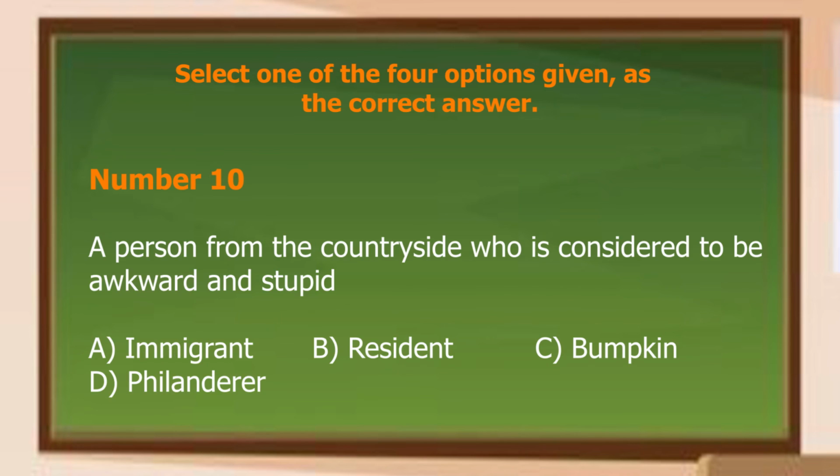And finally, number 10. A person from the countryside who is considered to be awkward and stupid. A, immigrant, B, resident, C, bumpkin, or D, philanderer.